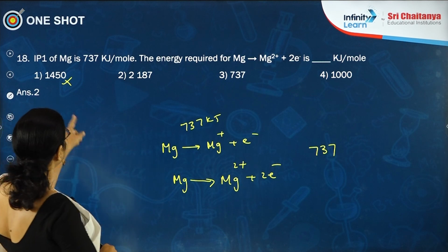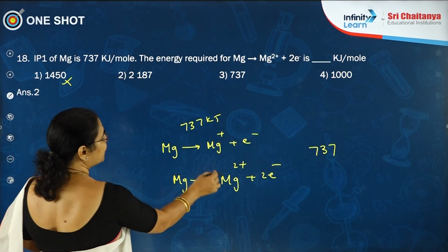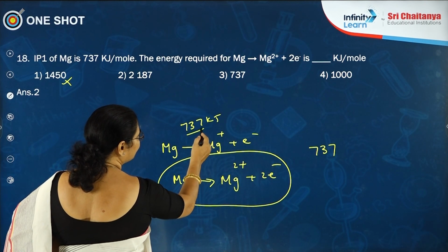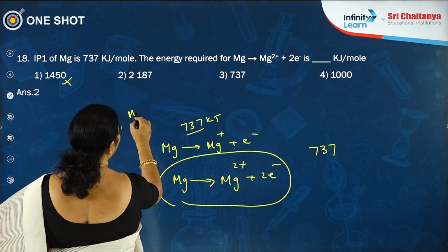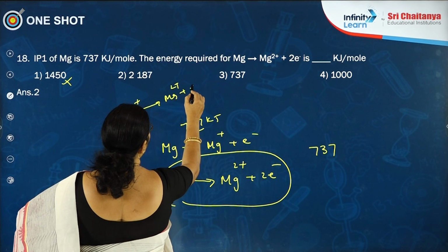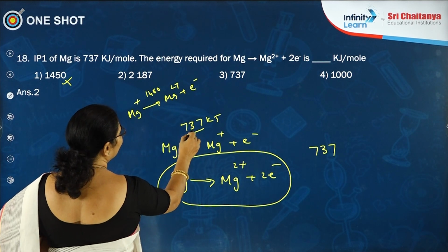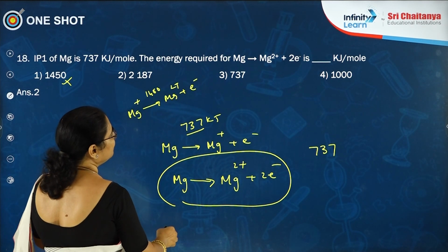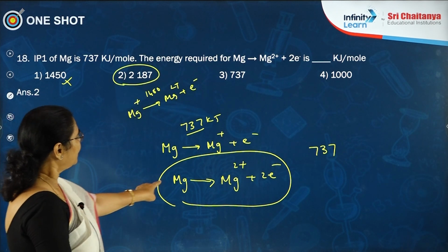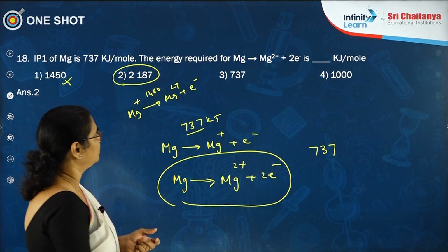Only for the second electron we require approximately 1450. The first electron needs 737 and the second needs 1450, so 737 plus 1450. As two processes are there, you have to add IP1 plus IP2.